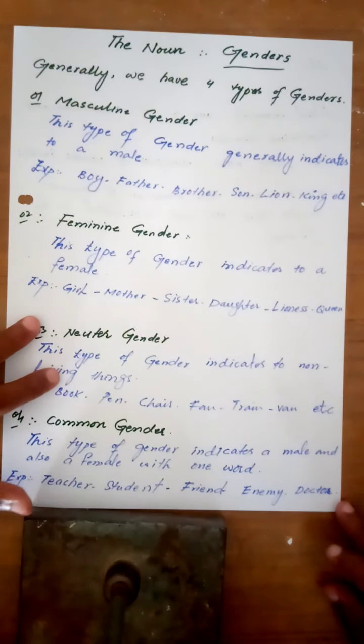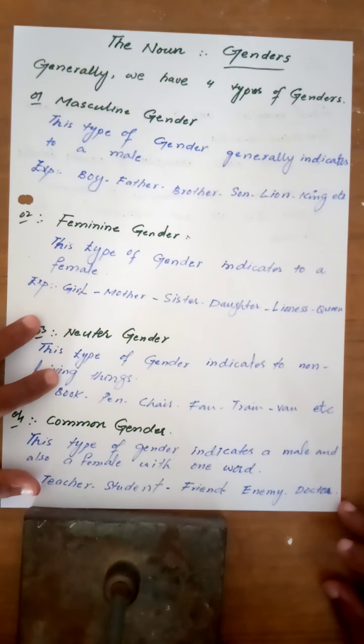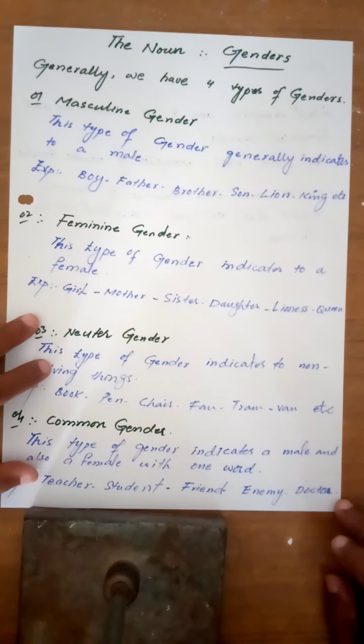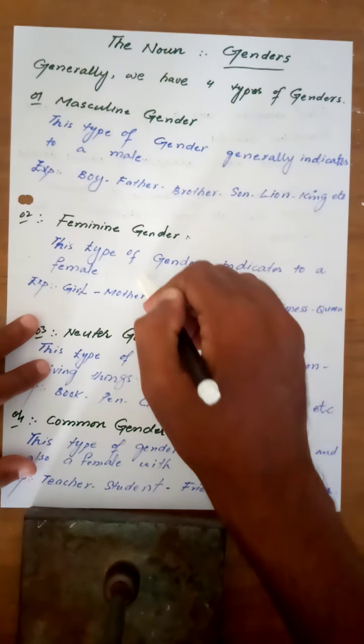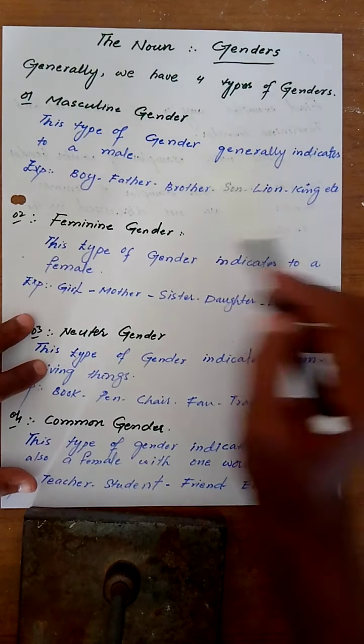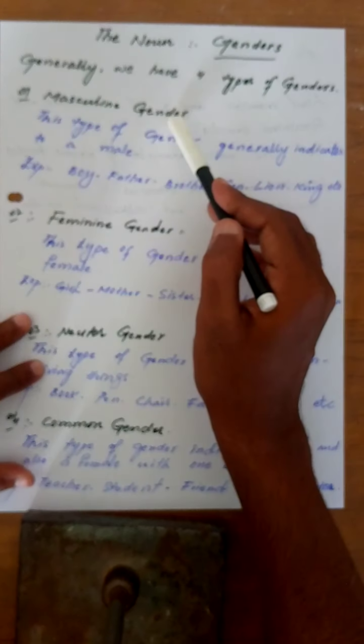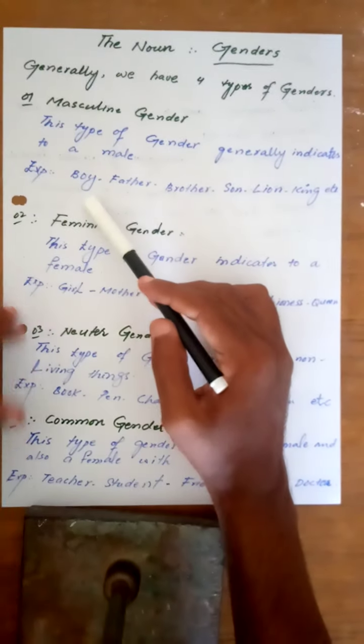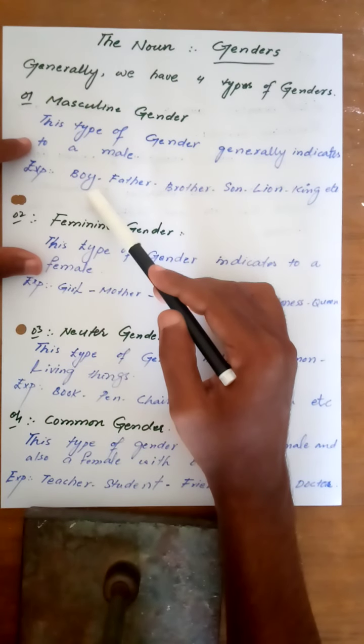If you are a boy, you will be called masculine gender. If you are a girl, you will be taken as feminine gender. The gender that indicates a male is called masculine gender.